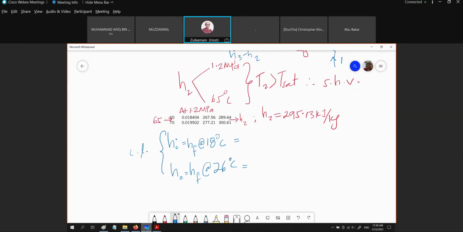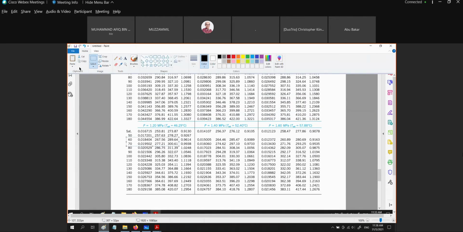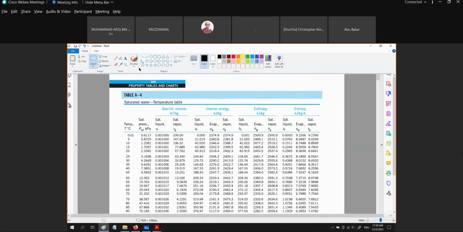So this is 18. Again, we have to interpolate. We need the HF. So at 18, here is 18, this is our HF.